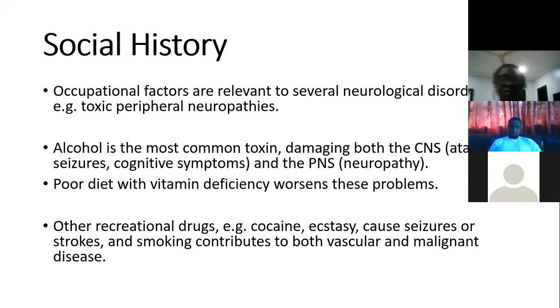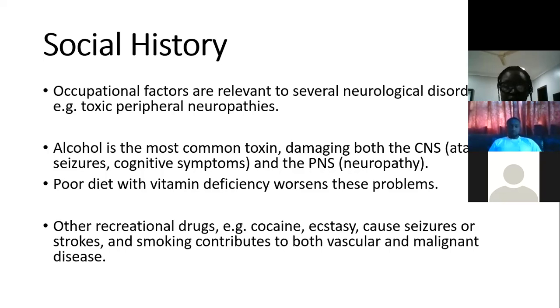Alcohol is a very common cause of seizures, cognitive impairment, neuropathy. Poor diet can make this worse. Other medications, usually recreational drugs, so cocaine, ecstasy, they can cause seizures. Then smoking can also contribute. These same cocaine and ecstasy can also cause seizures and strokes. So it's important to find out these things from the history.